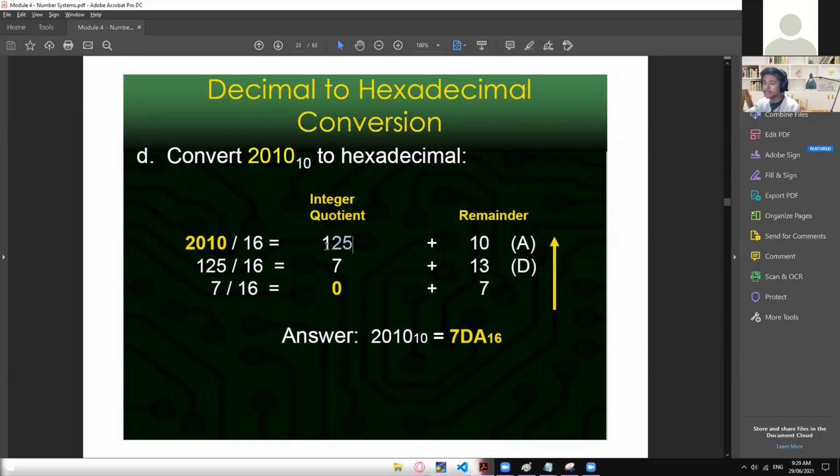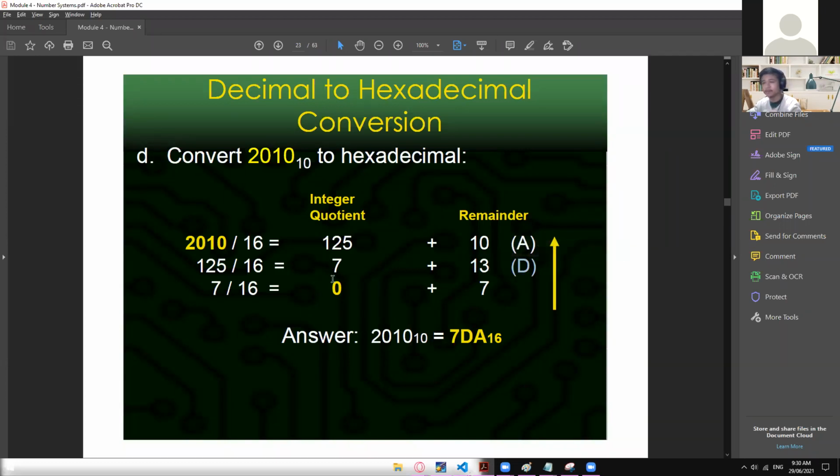Moving on, since this is still not yet 0, 125 divided by 16 gives 7.8125. So 7 is the integer quotient, and 0.8125 times 16 is equal to 13 for our remainder, wherein 13 is letter D in hexadecimal.